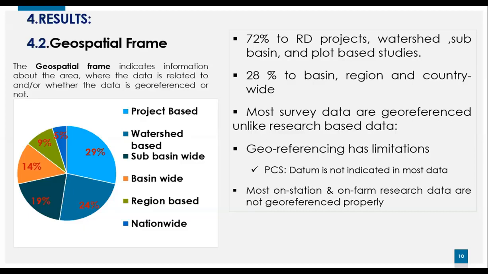In most cases, the location indicates the coordinates of the entire location, or it could be the research station or the kebele, or wherever the research is conducted. So it doesn't indicate the exact location or the plot under consideration.